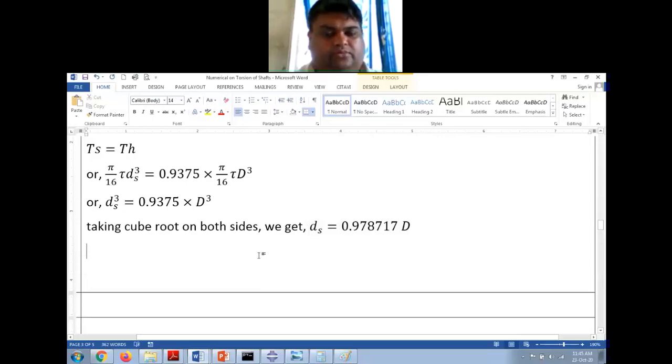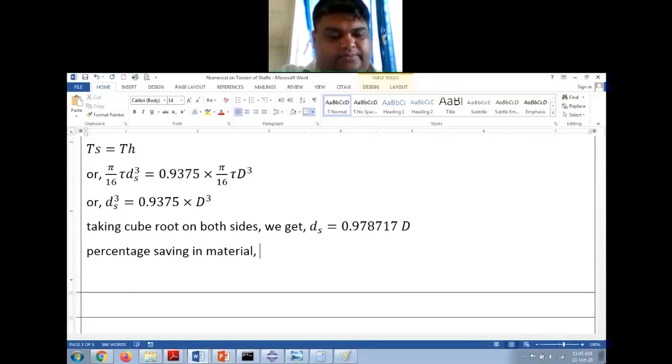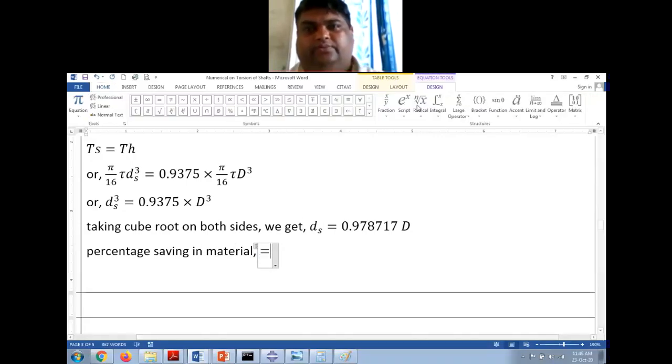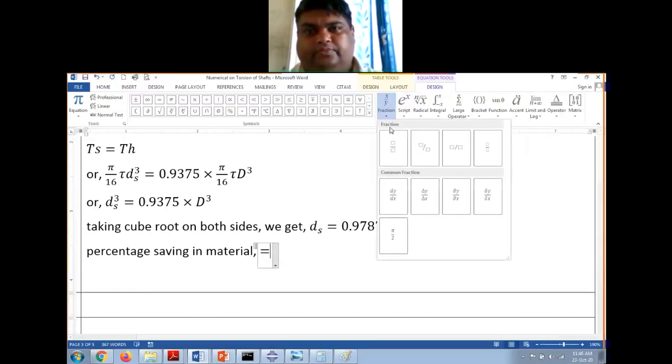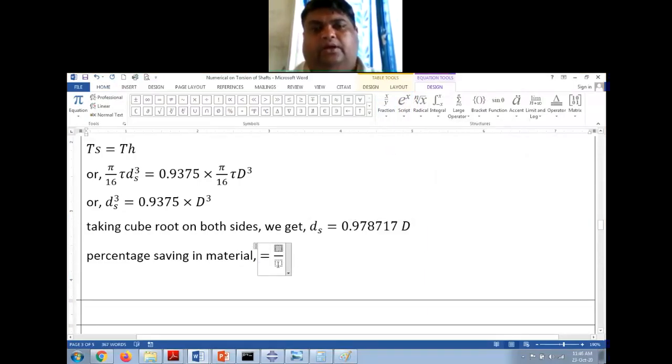So percentage saving in material is equal to, see basically we have to calculate the mass of solid shaft and mass of hollow shaft, and based on that you can calculate the saving in material. Now mass of shaft is volume into density. Volume is cross sectional area into length.